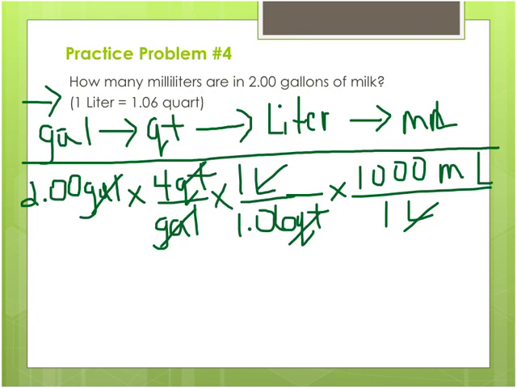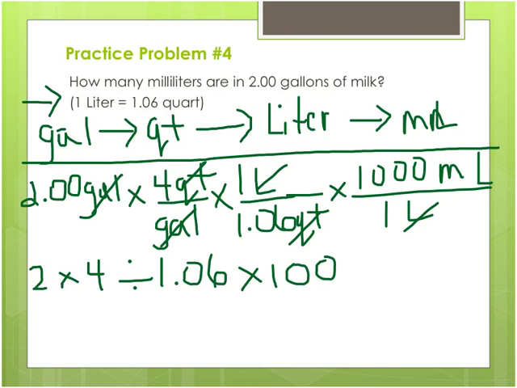Now, some other things I like to point out here. This is a multi-step calculation, so let me change colors of ink here for a second, because I can. And let me point out, when I plug this into my calculator, it's going to be 2. That didn't change colors. Oh well, I'll keep going. 2 times 4 divided by 1.06 times 1,000.